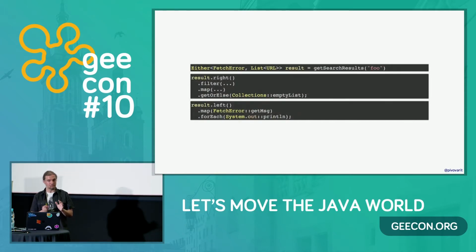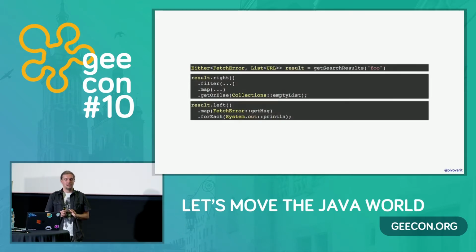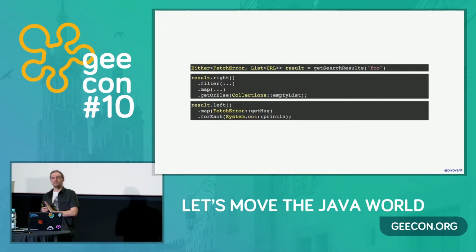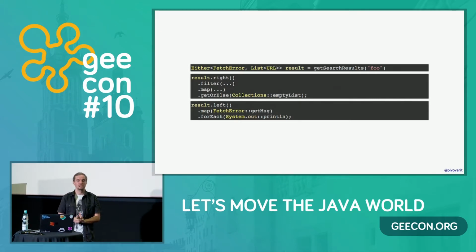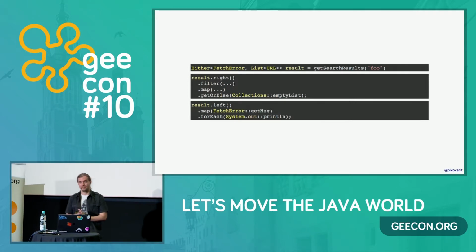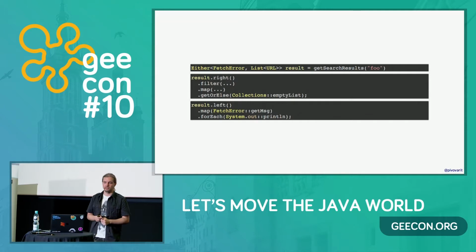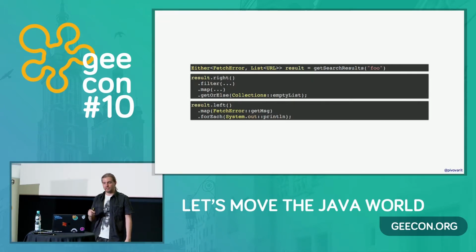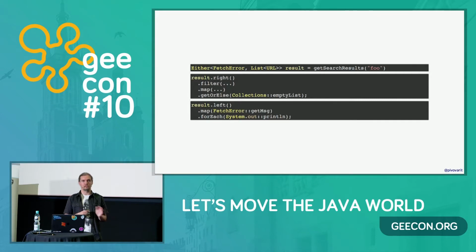Now we call the method, and let's say we want to process results and errors separately. If we want to process the right side and get the list of URLs, we start by doing the right projection, then do whatever we want with the API. Unfortunately, it's not that rich as, for example, Tries or Optionals, because there's not that much context here.